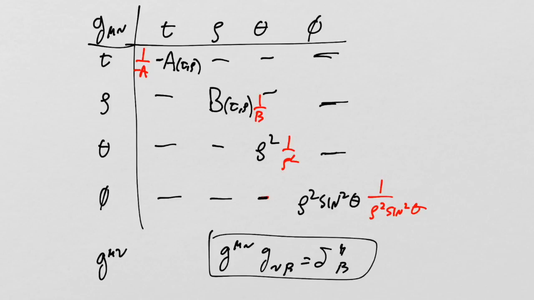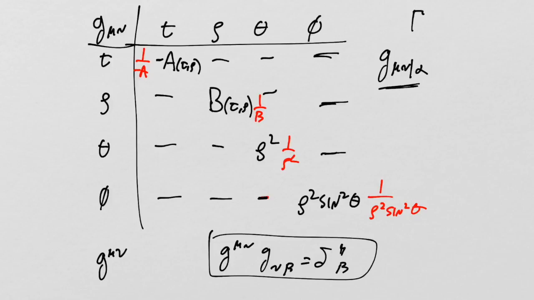So once we have this, now we can start calculating everything else, and that's what we'll begin doing in our next lecture. For example, I need to be able to do things like this in order to calculate my Christoffel symbols, right? I need to be able to calculate these objects.